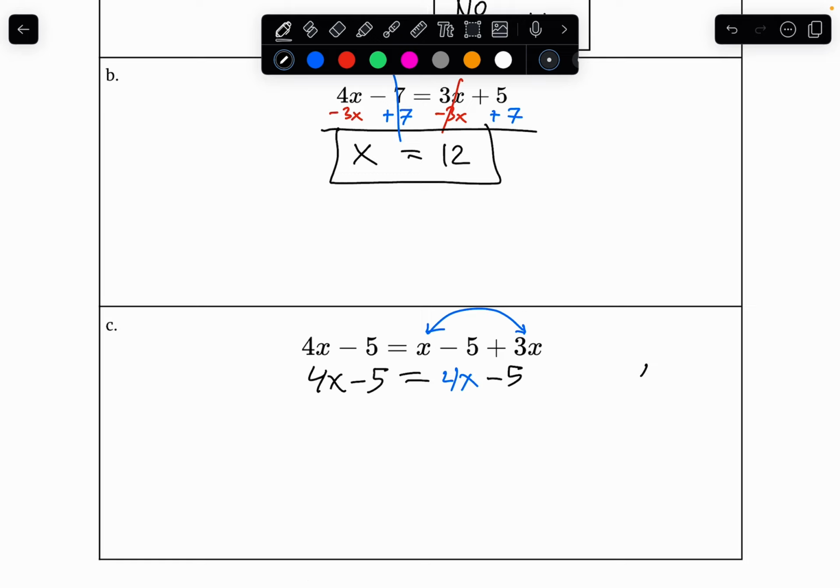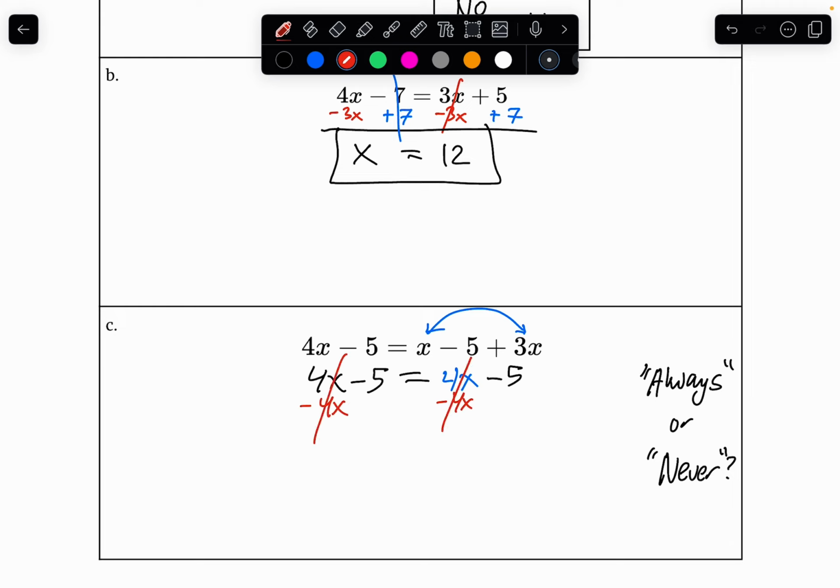You can ask yourself right now if you want to. Is this always equal, or is it never? Does 4x minus 5 always equal 4x minus 5? You can definitely think about it as a yes. But we can show a little more work if we'd like to.